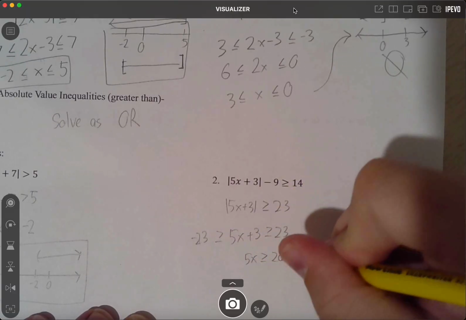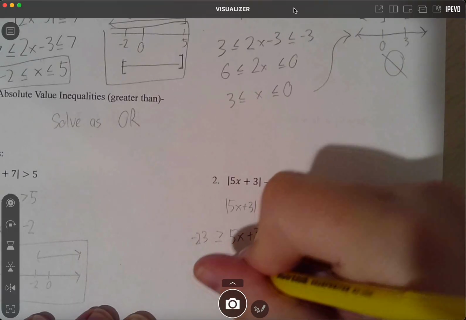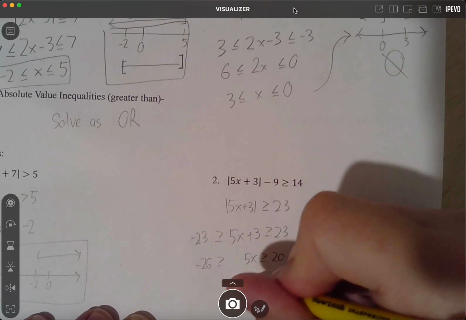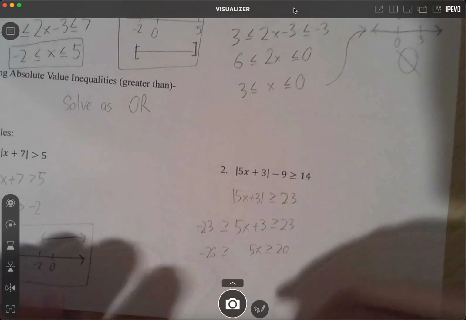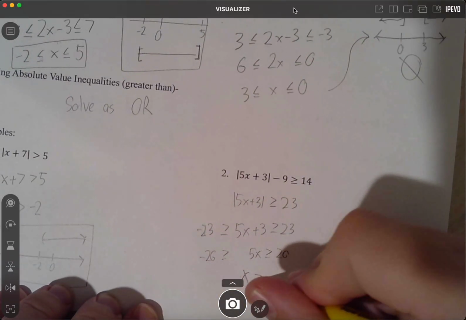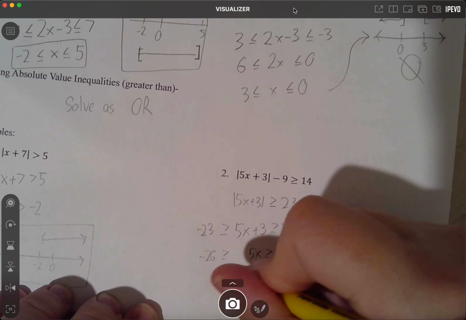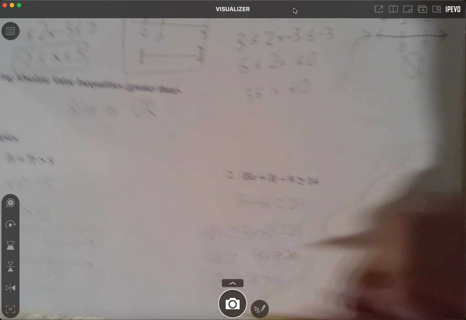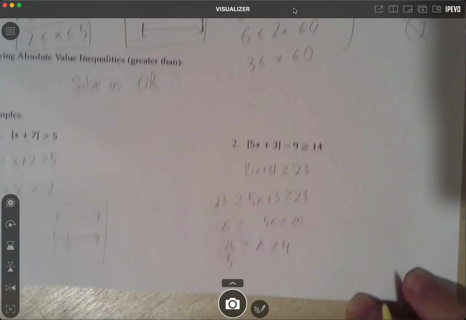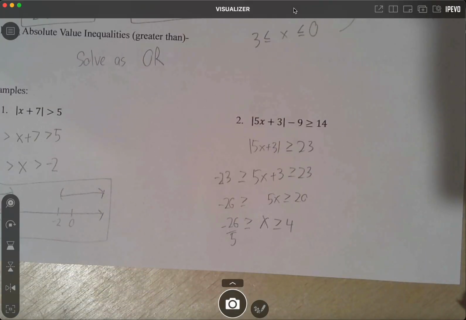It'd be 20 over here. That'd be negative 26 over here. I divide the 5 on both sides, or all sides, and I get 4 on this side, and I get, well, I guess negative 26 over 5 on this side, which is essentially negative 5. It's just a little bit further in the negative direction.